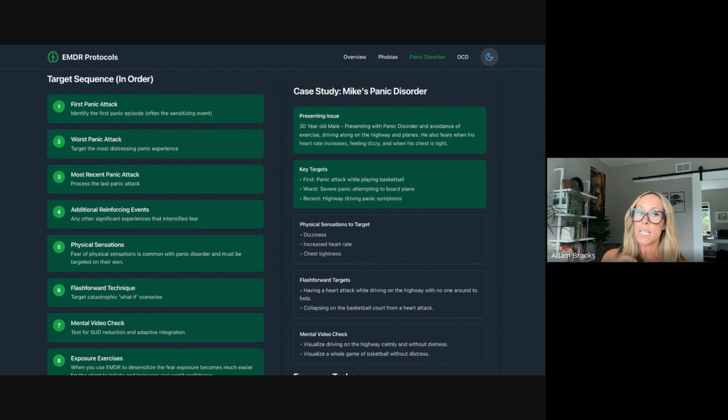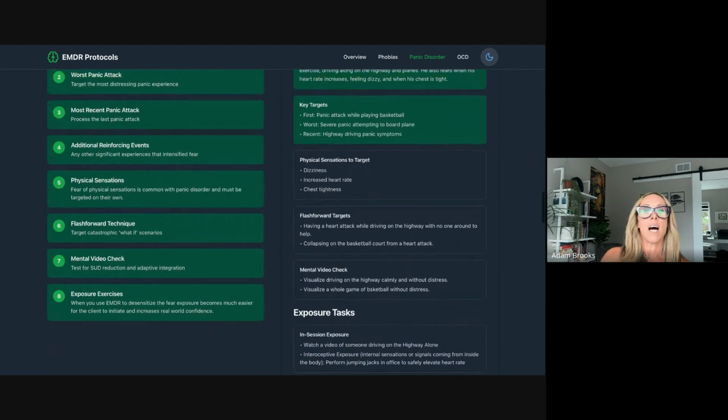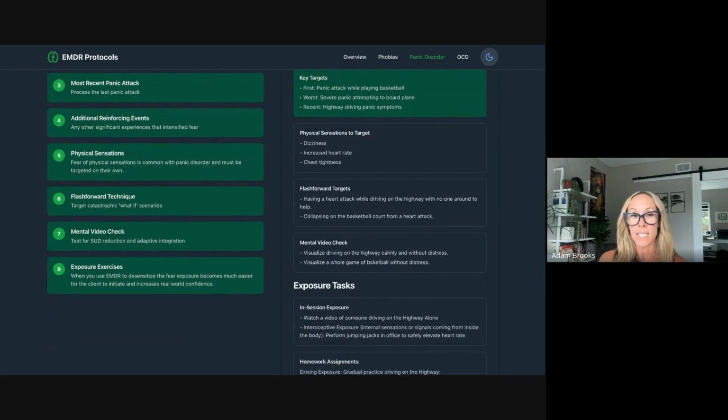And then you'll want to go into additional reinforcing events, any other significant experience that intensified the fear, the physical sensations. Fear of physical sensations is actually the most common with panic disorder. And you really don't want to skip this step, because usually they're the reinforcing symptoms of panic disorder.